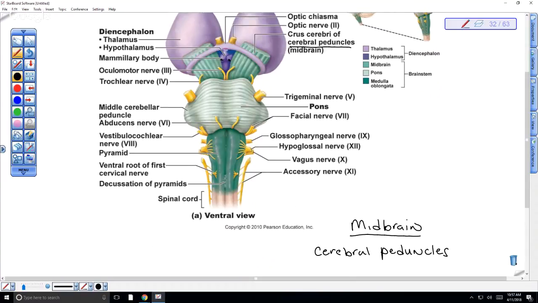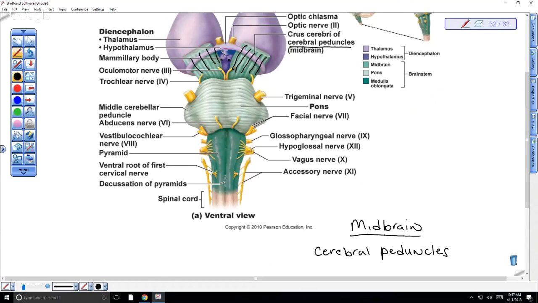If you think about the cerebrum sitting on the midbrain, this is what that is called. So it's called the cerebral peduncle. And notice that it is in green right here. So these would be the cerebral peduncles right here.